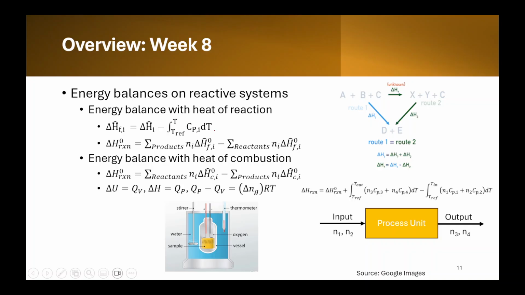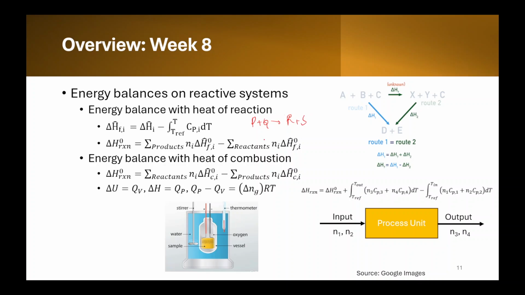Then the heat of reaction basically involves this formula for heat of formation. Suppose there are some reactants and some products: P plus Q giving you R plus S. These are your reactants and these are your products.